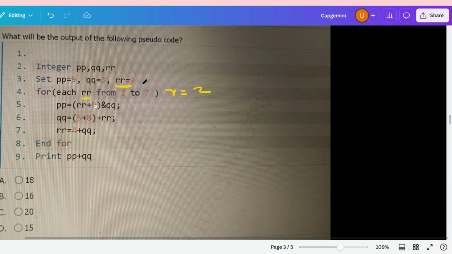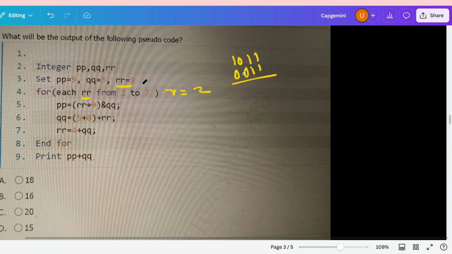So 2 plus 9 is 11, and then the operation with q. 9 plus 2 is 11, so you have to do the bitwise AND operation. 11 is 1011, and q is 3, which is 11.